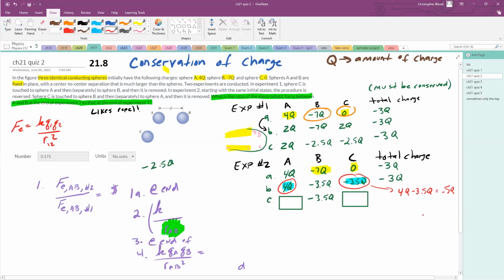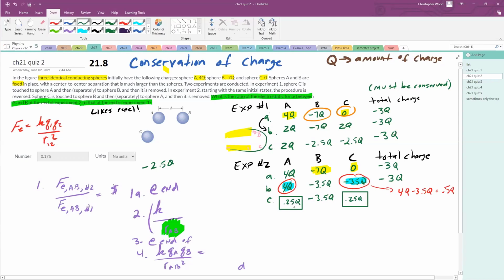Okay. So what's going to happen? With 4Q and negative 3.5Q, I have a total charge of positive 0.5Q, and that's going to be split in half. So this will become 0.25Q, and this will become 0.25Q.